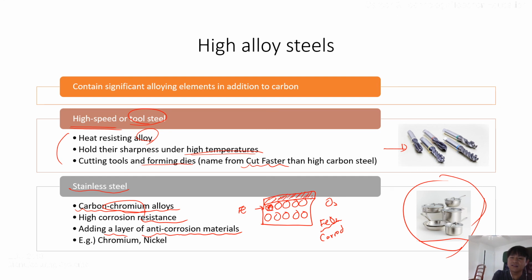Stainless steel can corrode when there is some defect or damage, like here.